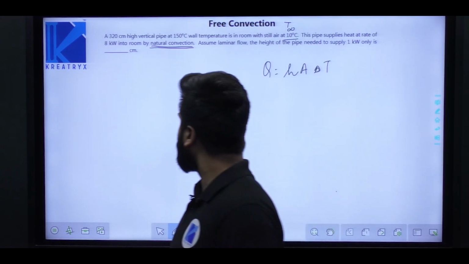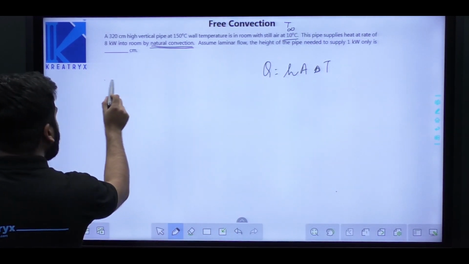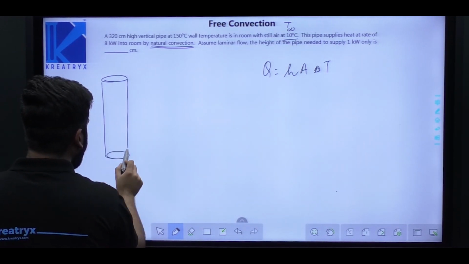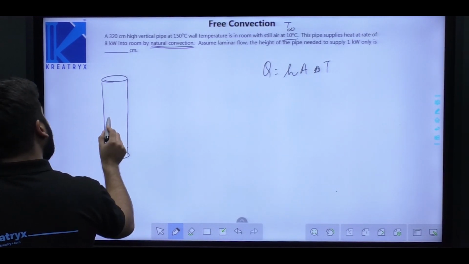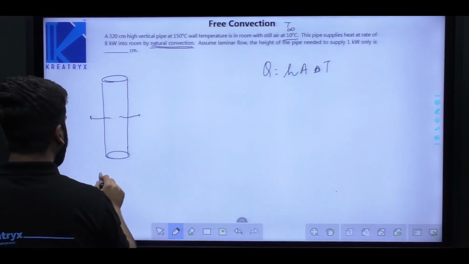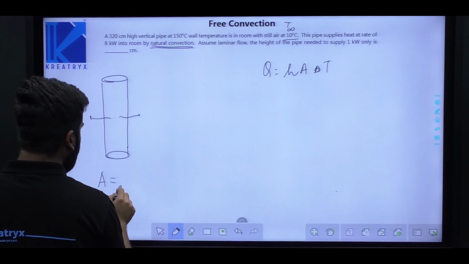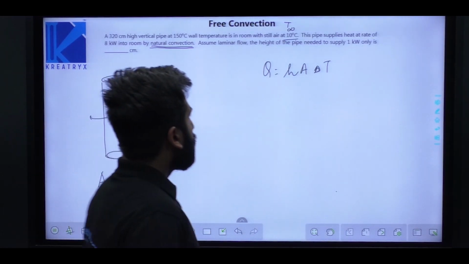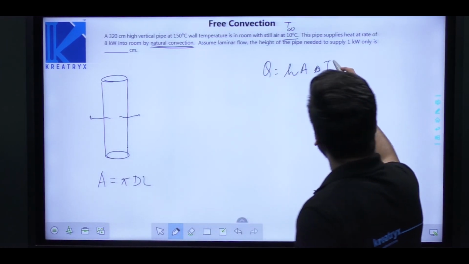Okay. And when this vertical pipe is convecting heat into this room, it will be doing so by its curved surface area. And the curved surface area of a cylinder is pi d L. So is there any change in delta T?